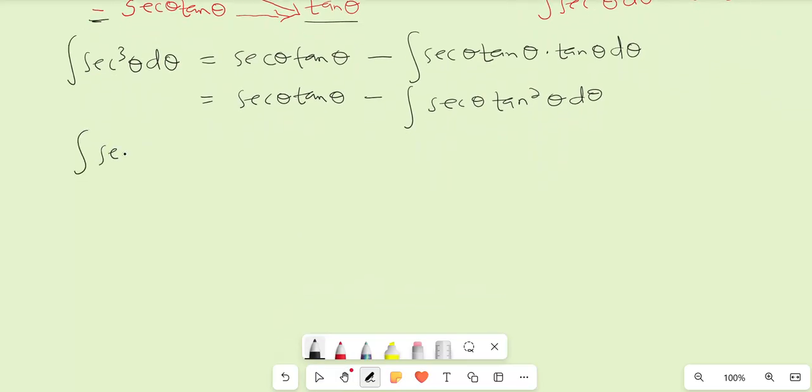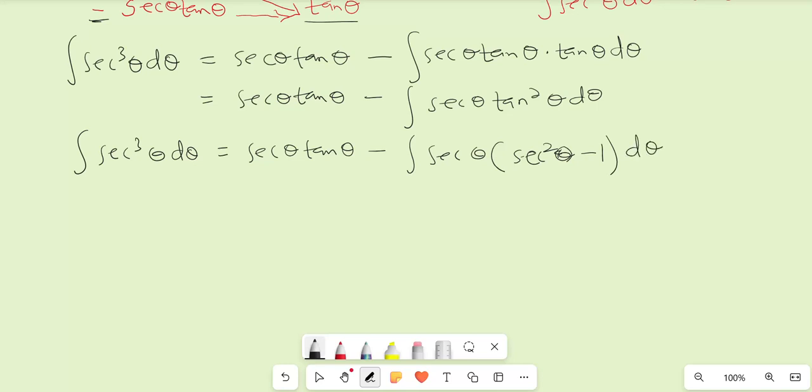So our integral of secant to the third power of theta d theta is equal to secant theta tangent theta minus the integral of secant theta times tan squared theta, which is the same as secant squared theta minus 1, from the Pythagorean identity of trig, d theta.